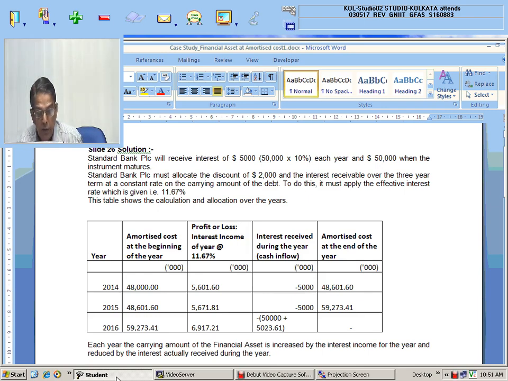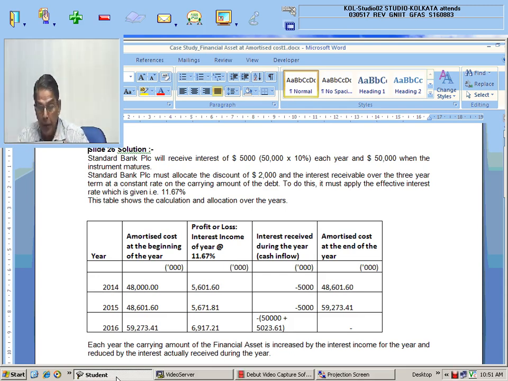Okay, 48,601.60, this is correct. 5,671.81, so sorry, this will be 49,273.41. Let me see, 48,601.60 plus 671.81 will give you 49,273.41, which is the amortized cost at the end of the second year.